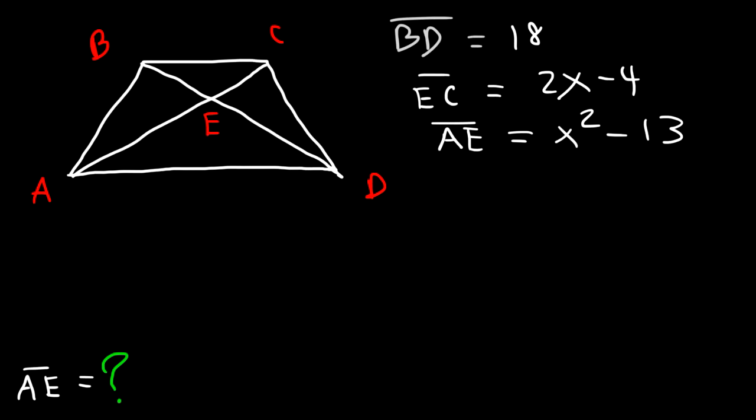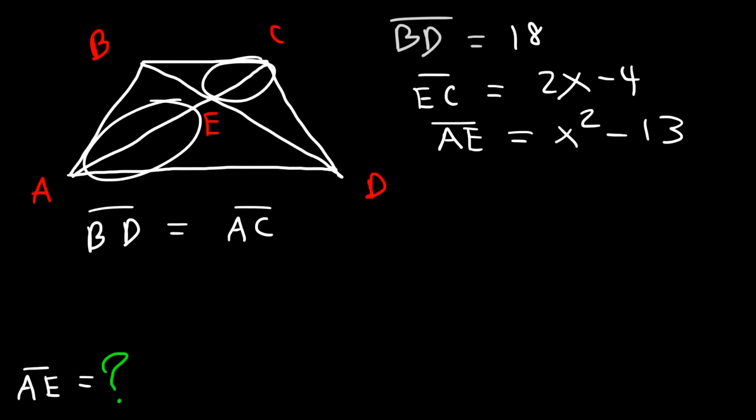In order to do so, just like before, we need to calculate the value of x. So what do we know in this problem? What can we set equal to each other? Well, notice that BD has to be equal to AC. The lengths of the two diagonals must be congruent. So BD is equal to AC. Now AC is the sum of AE and EC.